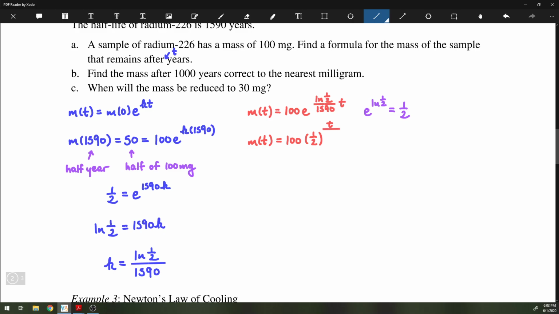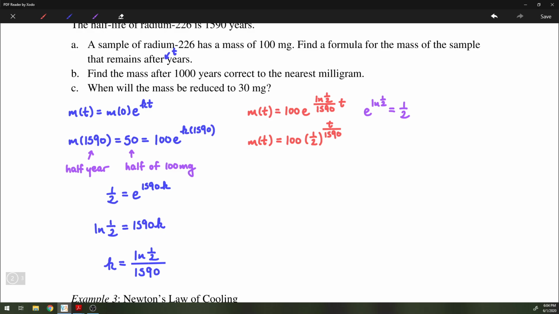Okay, this might be familiar from back in either pre-calculus 12 or in science 10, possibly. And now that we have this half-life formula, if you will, we can use it to find the mass after 1,000 years and find out how long it takes for the mass to be reduced to 30 milligrams.